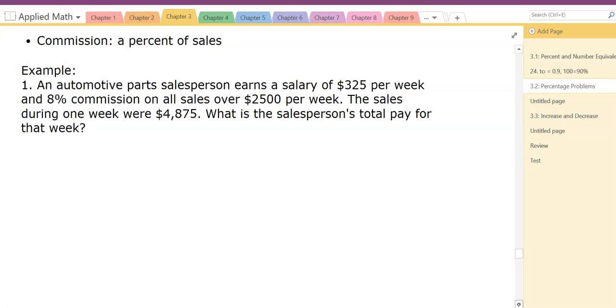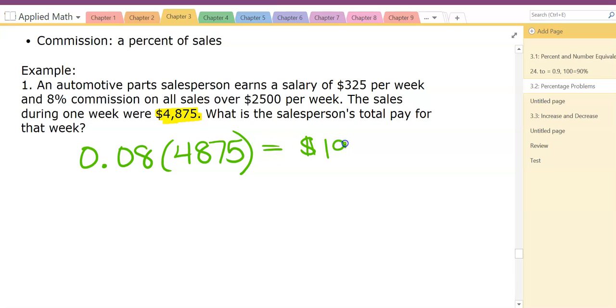So we need to first figure out how much they made in commission on their sales of this $4,875. We're going to take our 8%, what would that be as a decimal? 0.08 times their sales, $4,875. And that comes out to be 190 if I round. What did you get?